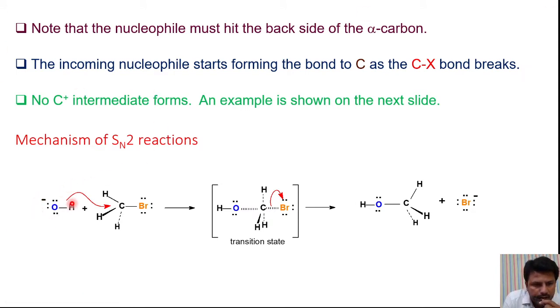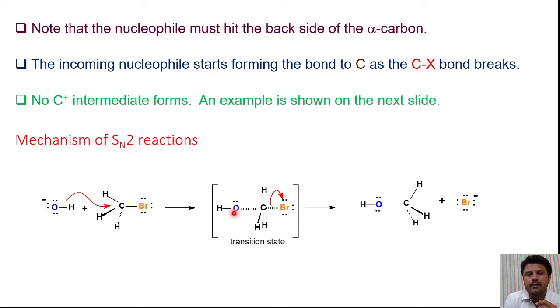When an incoming nucleophile like OH minus approaches this alkyl halide, it starts bonding from the side opposite to the halide ion. When the OH minus ion starts bonding with this carbon, the bonded halide ion starts leaving and forms a five coordinate transition state.